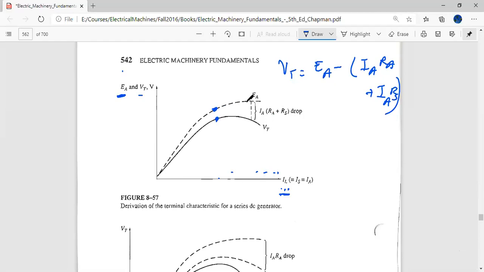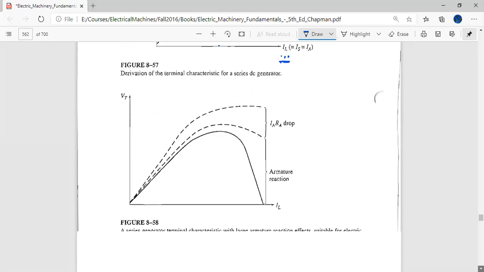It becomes saturated at some point. So EA will become saturated after some point and will not increase. And EA minus these IA RA drops will result in the terminal voltage of the generator. This gap becomes more and more prominent as more and more field current is produced in the machine and EA starts to become constant.